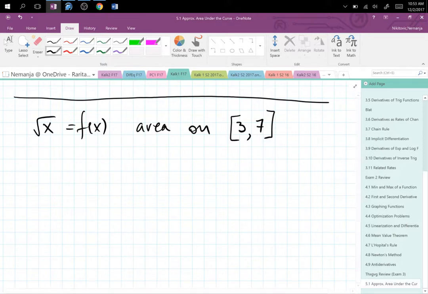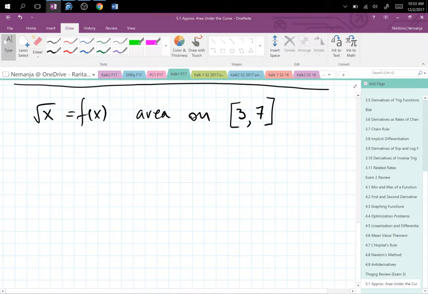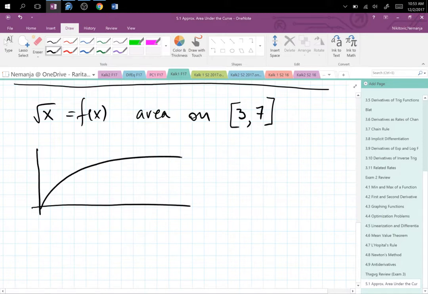What should I do? Well, I draw the picture. Here's 3, 4, 5, 6, here's 7. And now I can use the divisions and try to calculate this area.